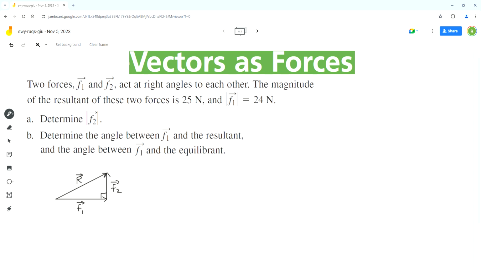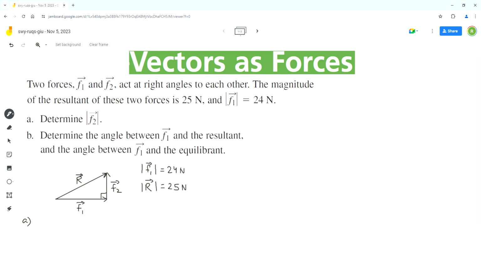Now as per the problem, the magnitude of F1 is equal to 24 newtons and the magnitude of the resultant is 25 newtons. And in part A, we have to find the magnitude of F2.